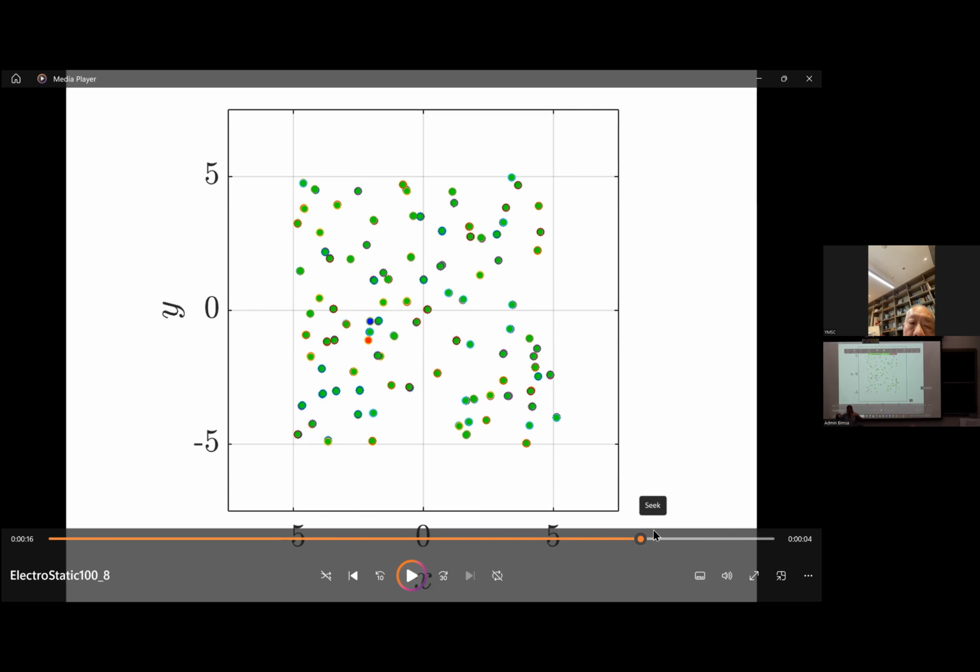I emphasize that the movement is according to the gradient of the potential. So the force actually acts as the velocity. The force is not acting as an acceleration. So it's not Newtonian dynamics, it's something called Aristotelian dynamics.